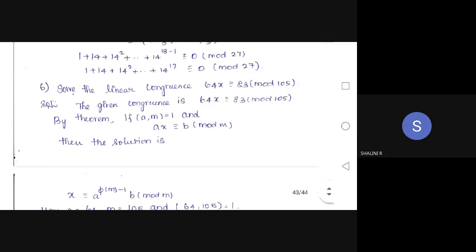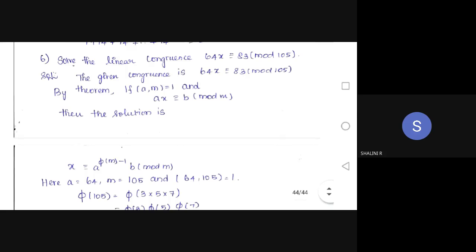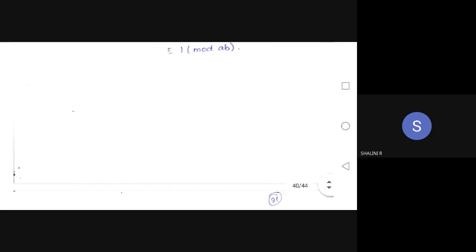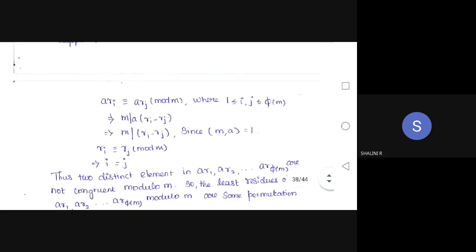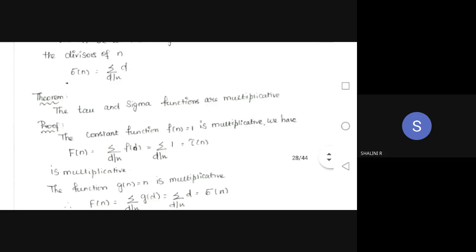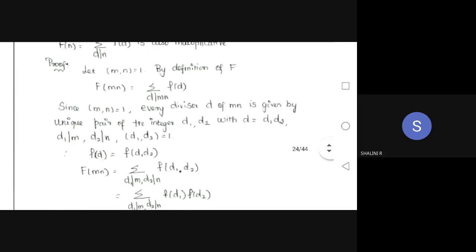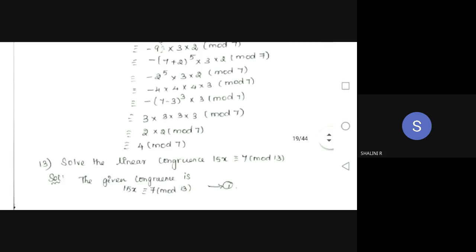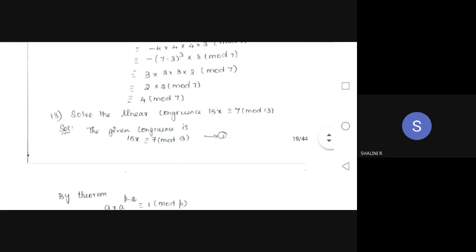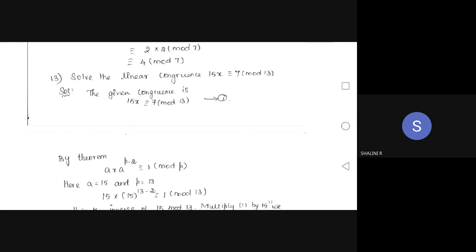So the given congruence, before seeing this problem, you have to remember actually solving the linear congruence.